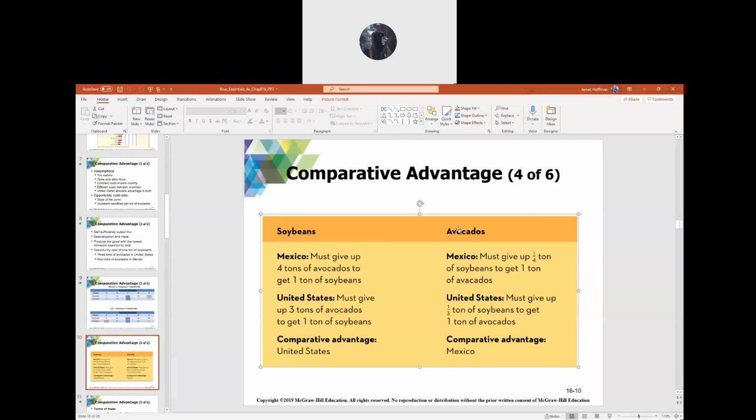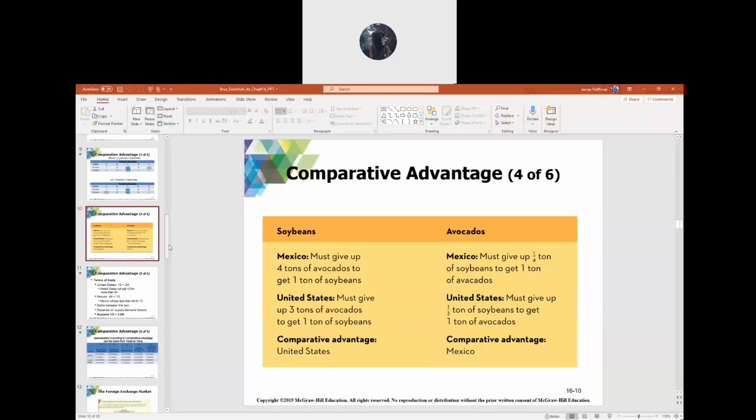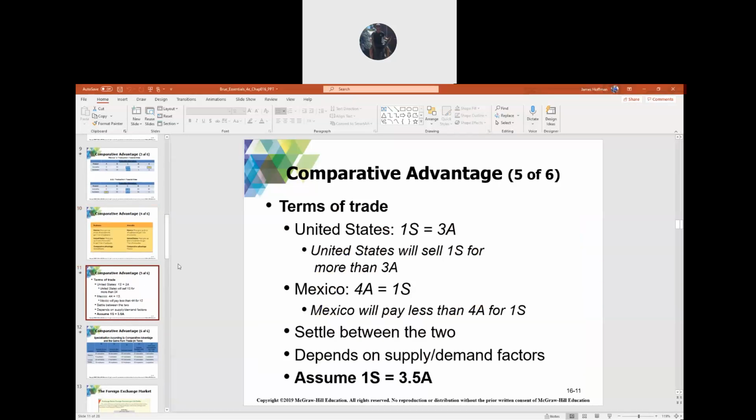So what we do in this example is Mexico is only going to produce avocados, they're going to specialize in that, and the U.S. is only going to produce soybeans, they're going to specialize in that, and then they can trade with each other, and the idea is that they'll be better off than in the initial state. I'll show that we can specify different terms of trade, or deals, in which both countries will be better off.